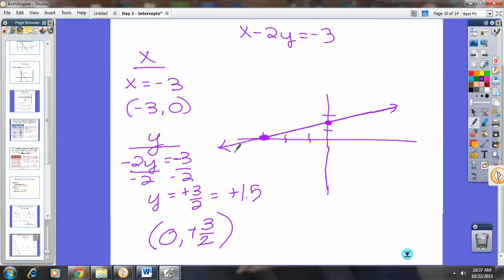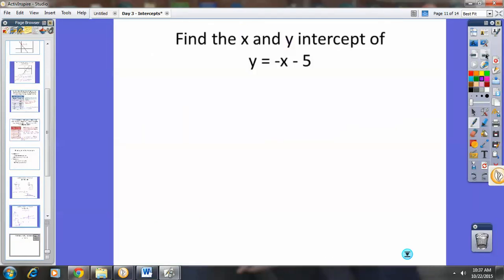What if our equation looks like this? y equals negative x minus 5. Is that in standard form? It's not. Let's put it in standard form. What are you going to do first? Add what? Now it's in standard form. Let's find our x and y intercepts. To find the x-intercept, cover up y.